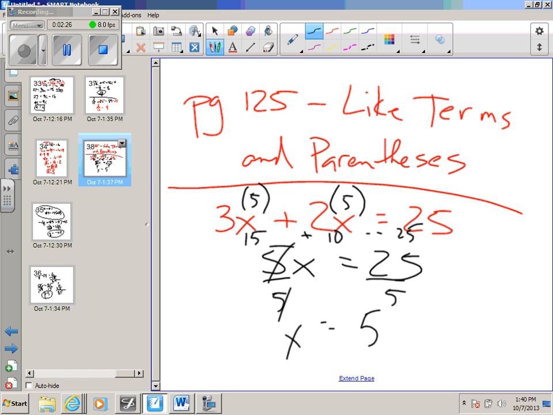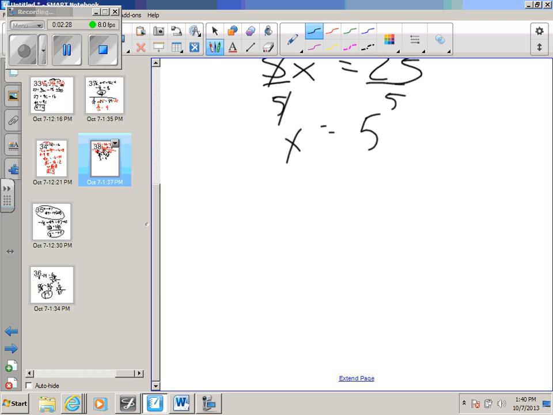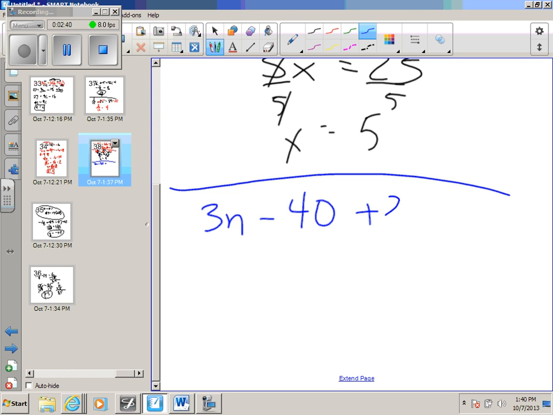Now, they'll get a little bit tricky, but not necessarily tricky in the fact that it's impossible to do. Tricky more so in the fact that they're going to try to throw you off a little. A 3n minus 40 plus 2n is going to equal 15. Now, when we look closer, what we want to do is try to simplify the like terms as much as possible to try to clean things up.